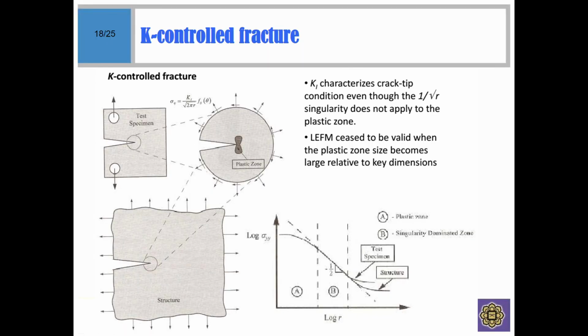For the K contra fracture, K1 characterizes the crack tip condition, even though the 1 divided by square root of r singularity does not apply to the plastic zone. So LEFM, linear elastic fracture mechanics, ceases to be valid when the plastic zone size becomes large relative to the key dimension.